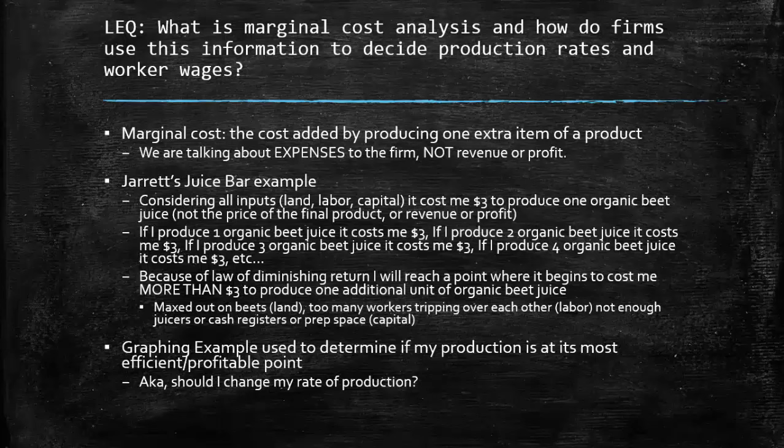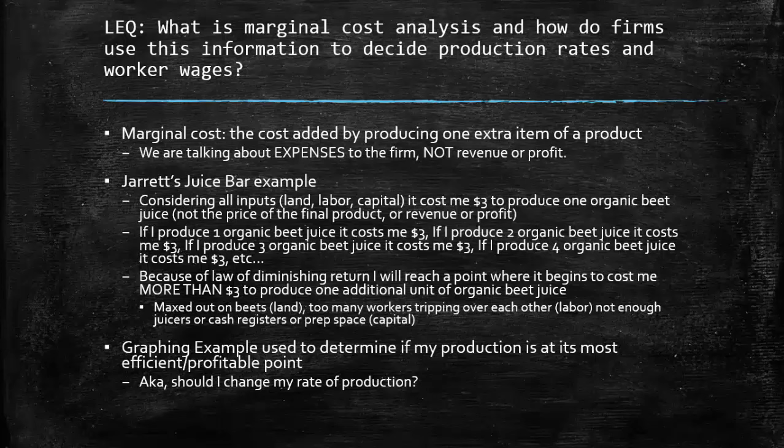Now, because of the law of diminishing returns, which I just spoke about, I will reach a point. It might be at 15 units of beet juice. It might be at 500 units. It might be at 28 units. But I will reach a point where it actually begins to get more expensive for me to produce because I haven't increased my inputs.